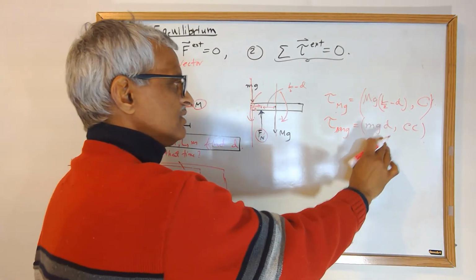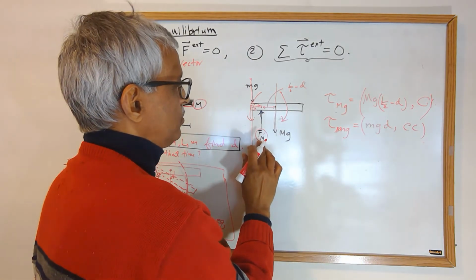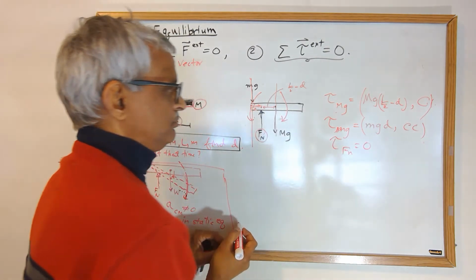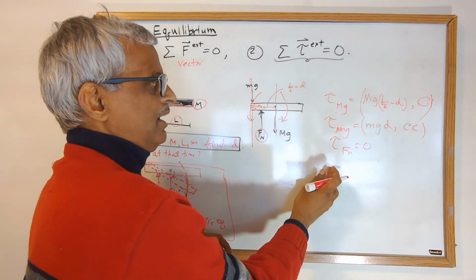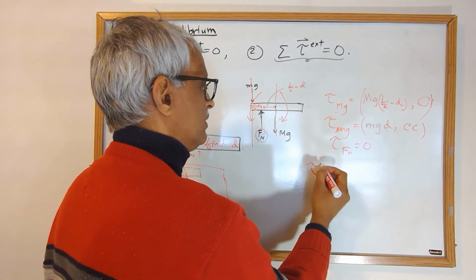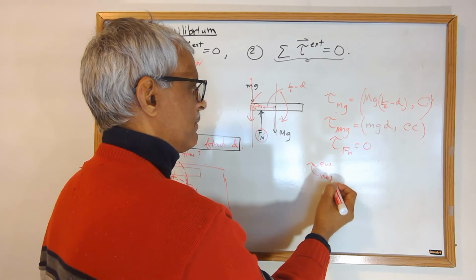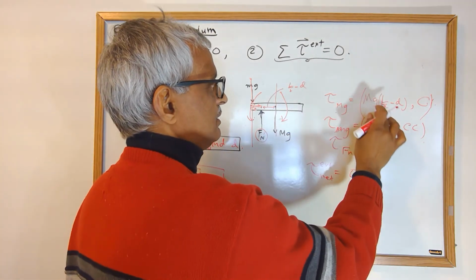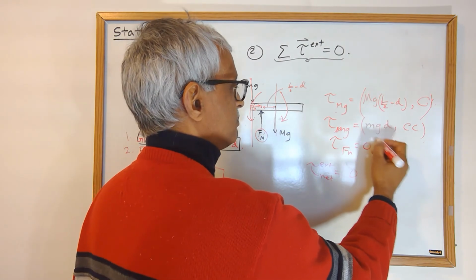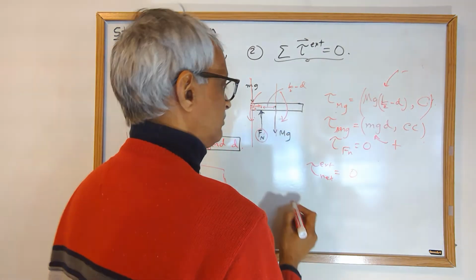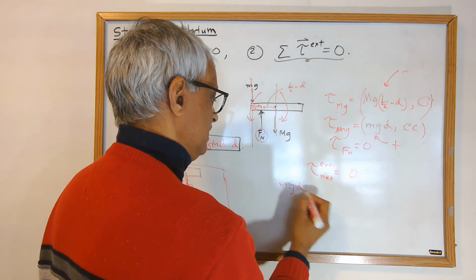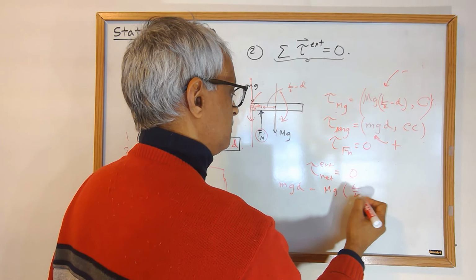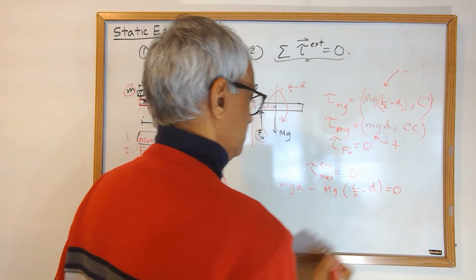If I take this positive, the other will be negative, and the torque of Fn will be 0. If I add these, I get the net external torque, which should be 0. So I got mgd minus big Mg times (L over 2 minus d) equal to 0.